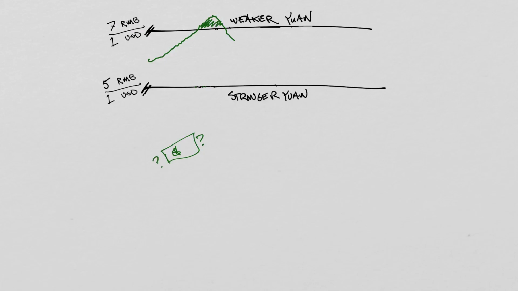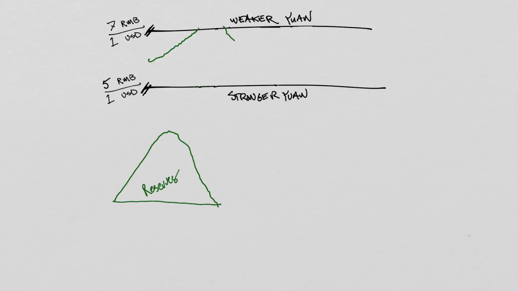Instead, to prevent the yuan from becoming weak at this level, what the Central Bank of China will have to do is to prepare in advance. They'll have to hold reserves, build up a pile of reserves. These reserves are not denominated in Chinese yuan.